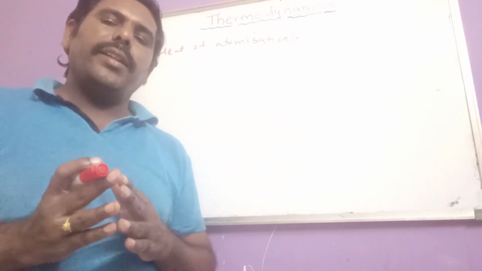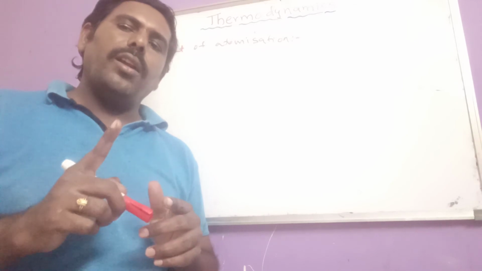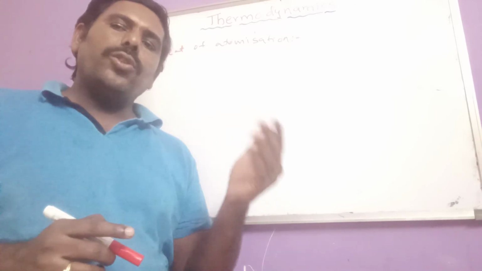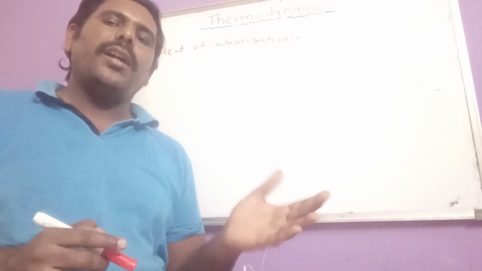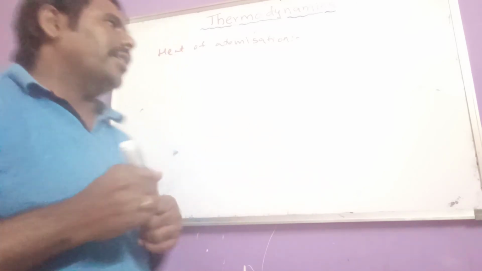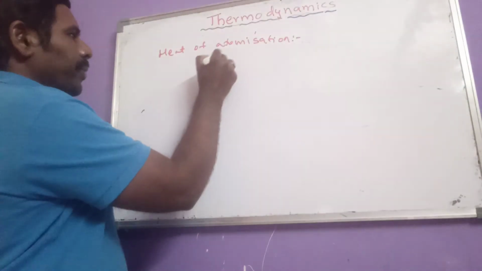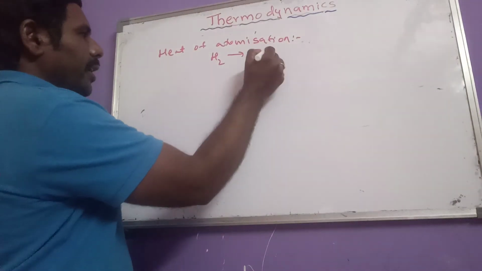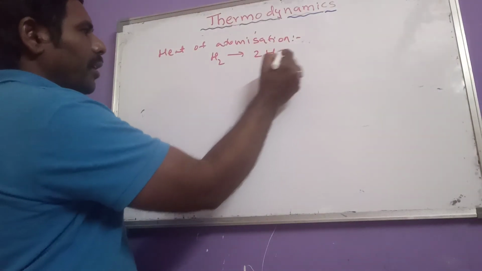The heat energy required to convert 1 mole of a molecule into its constituent atoms is known as heat of atomization. For example, H2 when dissociated into two hydrogen atoms.